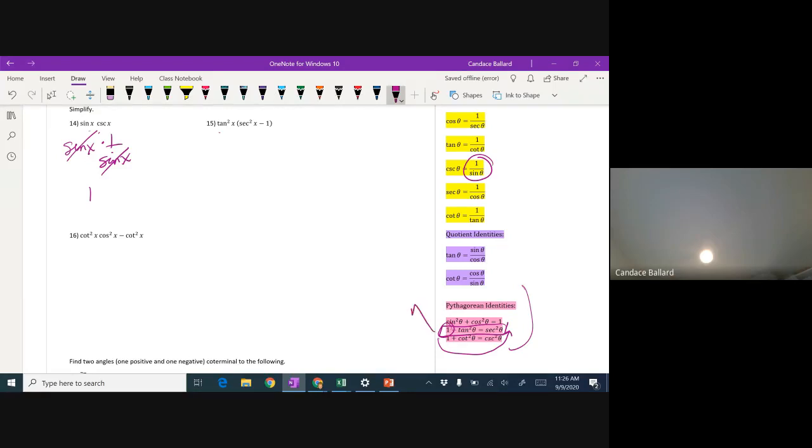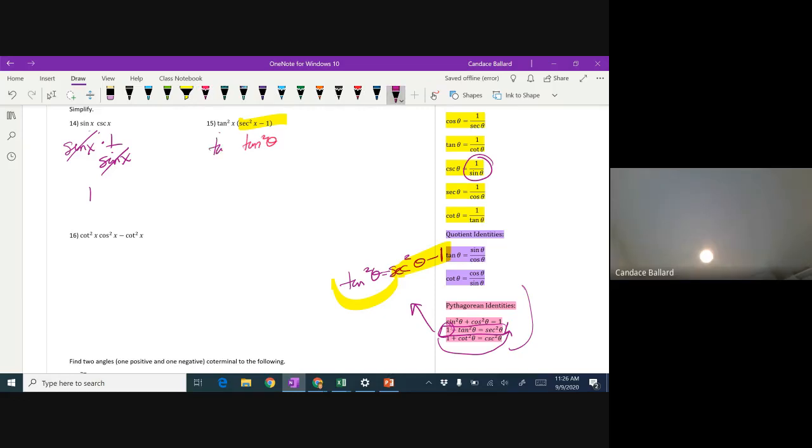So for this piece here, I would have that tangent squared theta equals secant squared theta minus 1, which, if you notice, these are now identical, which means I can substitute that in for the yellow highlight. So I could put in tangent squared theta.